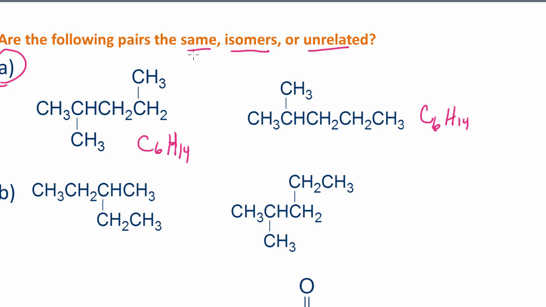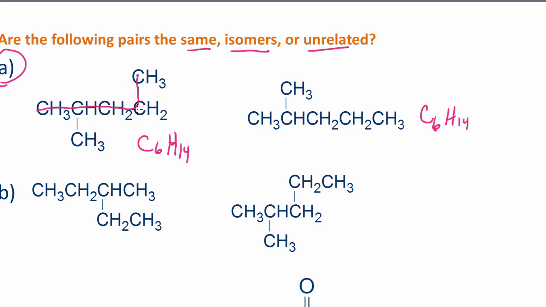So they're either the same or they're isomers. Whether or not they're the same will be dependent on where the branch points are. So let's take a look. Let's find the longest continuous chain for each of these. Well, these carbons here are in the longest continuous chain.